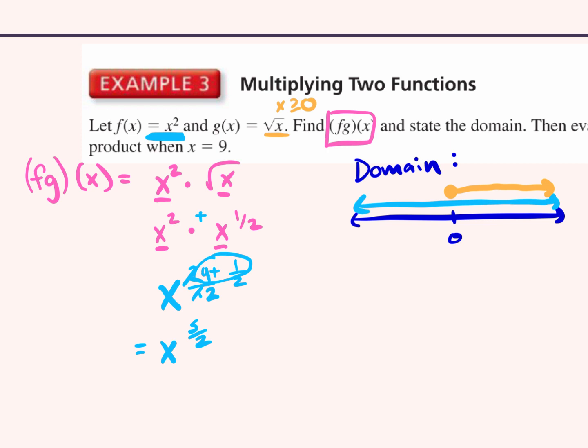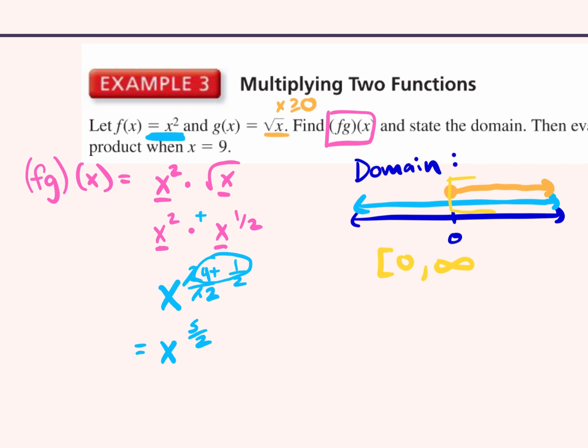So looking at my number line, I care where these two lines overlap, the orange one and the light blue one. So what would my domain of f times g of x be, where they overlap? What would this be? Awesome. 0, infinity.